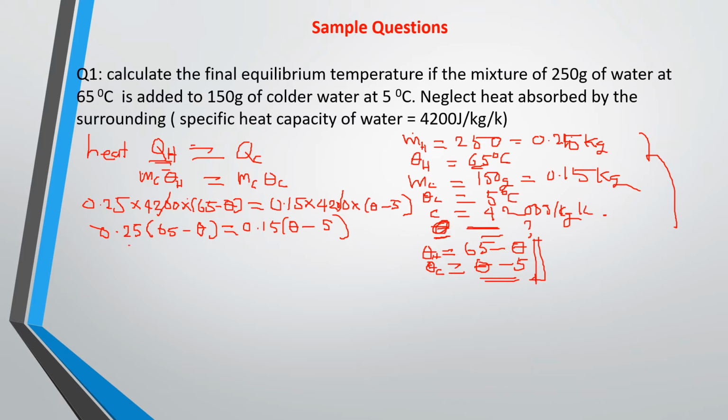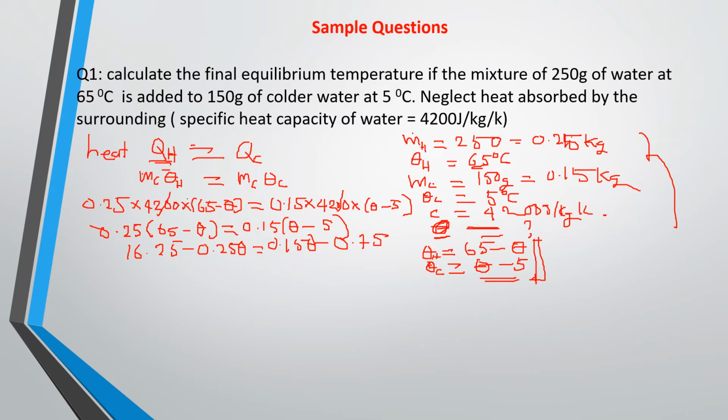If you work all this out, this will give you 16.25 minus 0.25 theta equals 0.15 theta minus 0.75. Okay, so guys, just work this out.